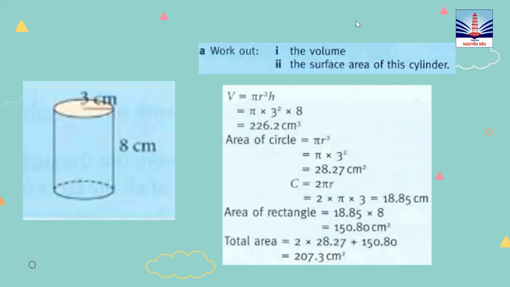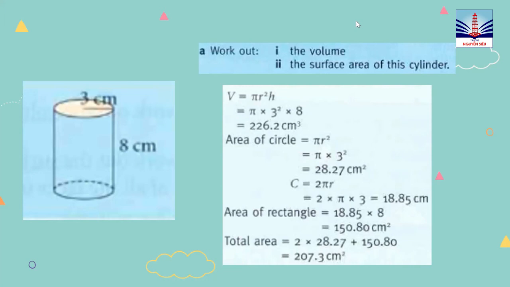And then we calculate the area of the rectangle, which means it's like the length, I guess. No, it's not length. Yes, it's the area of the rectangle, basically 18.85 multiplied by 8. You got 150.8 centimeters squared.